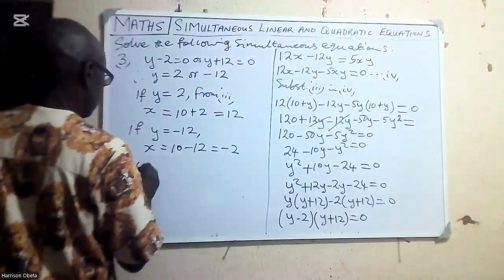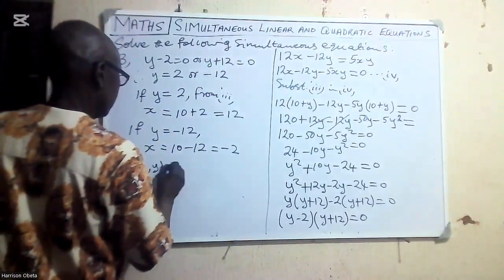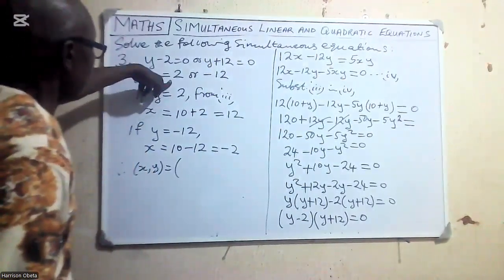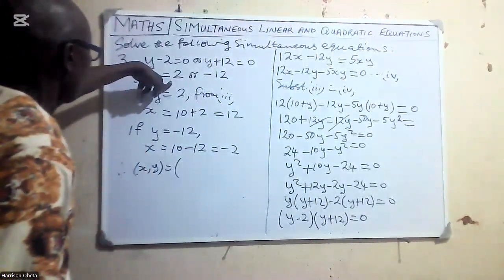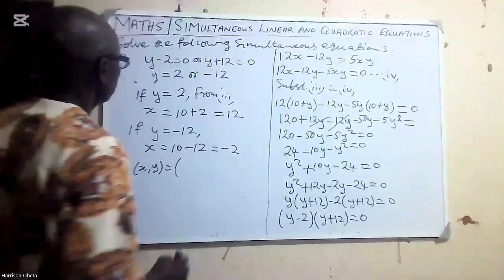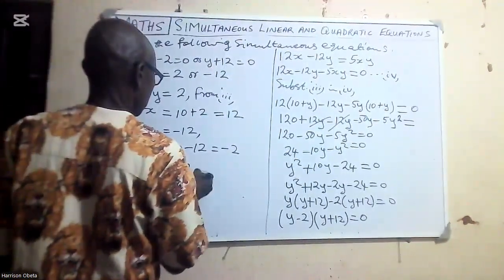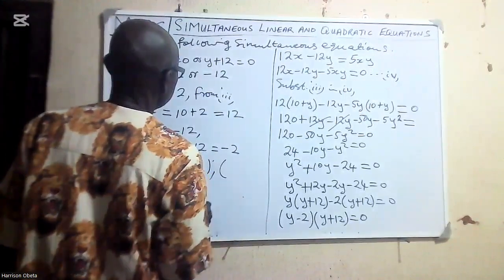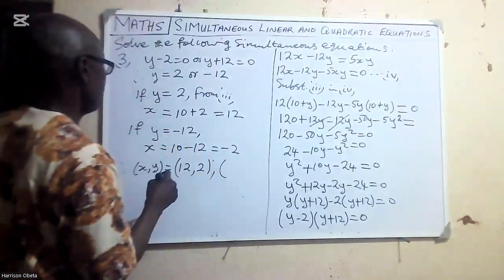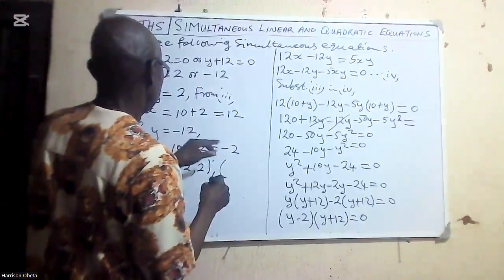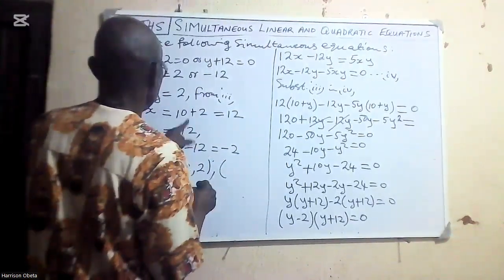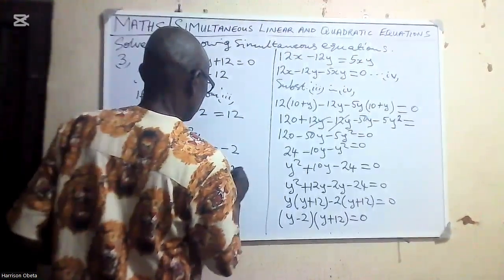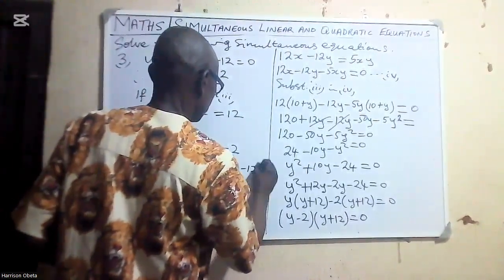Therefore, x comma y is equal to, when y is 2, x is 12. So that would be 12 comma 2, and the next one should be minus 2 comma minus 12.